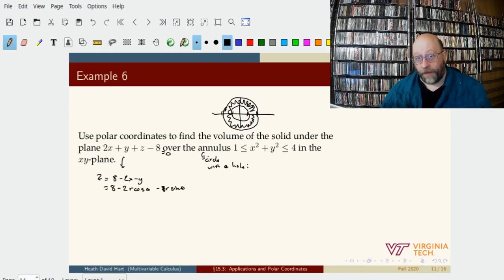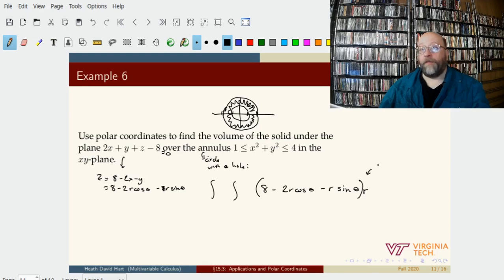Minus r sine theta, not 2r sine theta. All right, so let's set this up. My function is 8 minus 2r cosine theta minus r sine theta. And we multiply the entire function by r. That's step 4. And my order is going to be dr d theta.